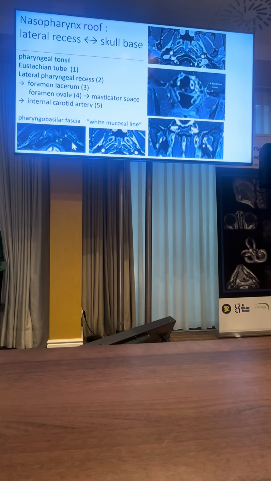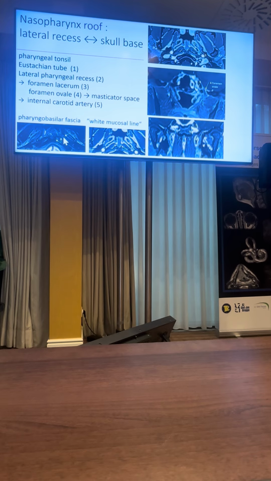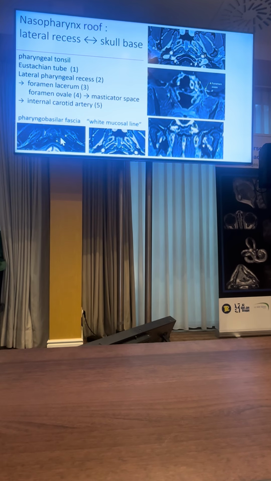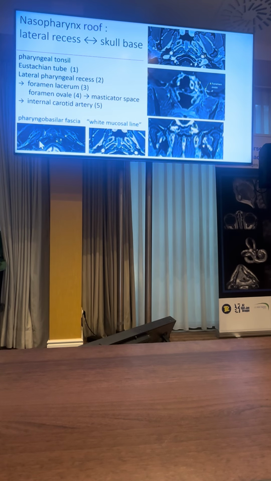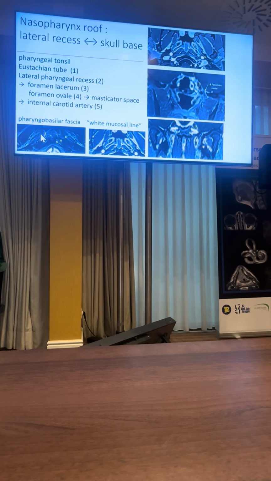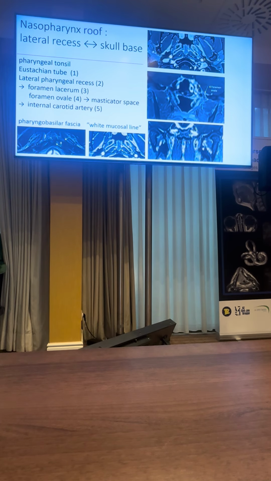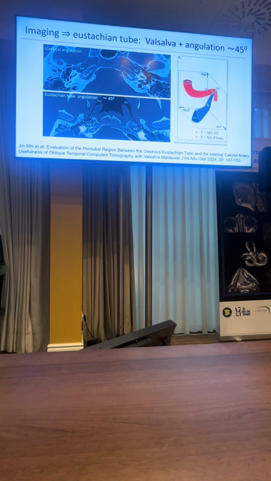The pharyngobasilar fascia, as you can see here, has a zigzag course laterally, posterior on the surface of the prevertebral muscles. Then you have this indentation, and on the right we continue the pharyngobasilar fascia continuing laterally, continuing anteriorly, in combination on the surface of the supraconstrictor muscle and the tensor veli palatini muscle.